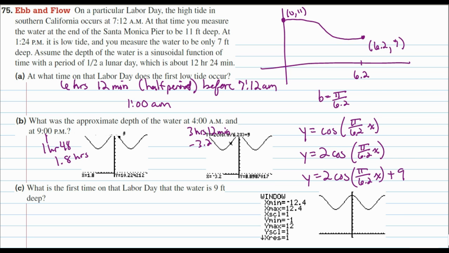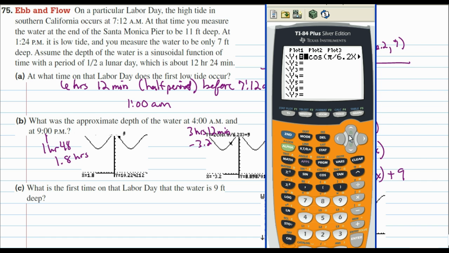Part C, what is the first time on that Labor Day that the water is 9 feet deep? So I need to make Y2 9. I'm looking for a depth. I'm going to graph this. The first time that day, it's going to be right around here. So second calc intersect. But I get negative 9.3 hours.